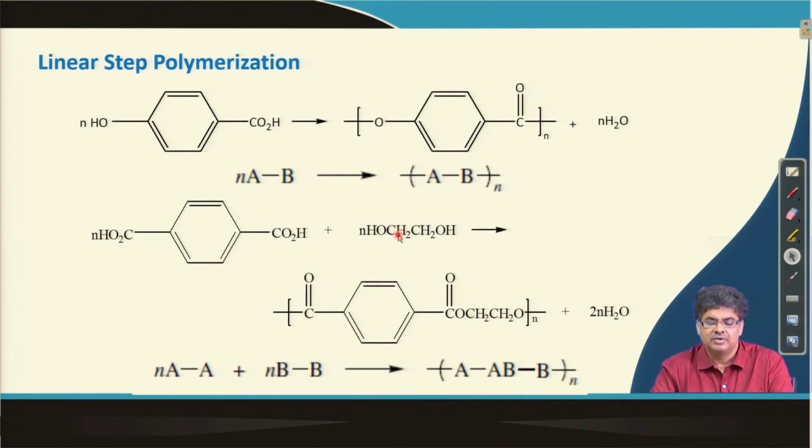We can also alter the molar ratio of the functional groups by altering the molar ratio of the monomers in this case, which is not possible in the AB case, where the molar ratio of the functional groups is always 1:1. The importance of the molar ratio of the functional groups will be discussed in a minute when we discuss how to calculate the molecular weight from linear step polymerization.